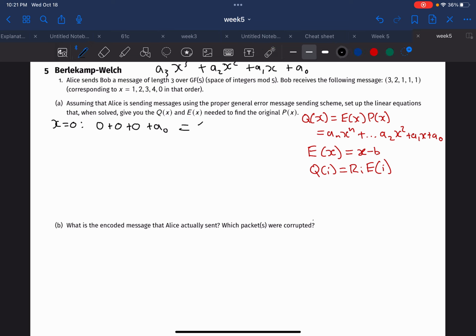So it would just be 1 times x minus b, which x in this case is 0. So 0 minus b.